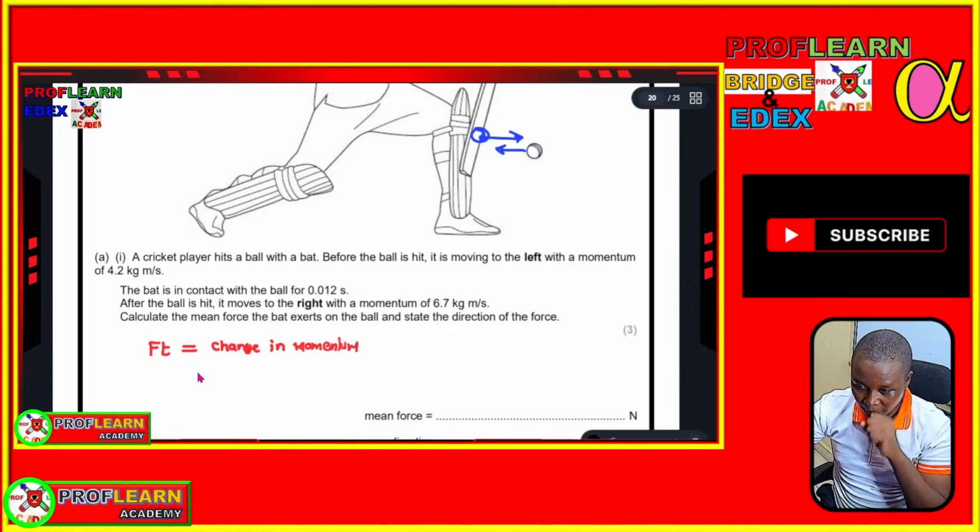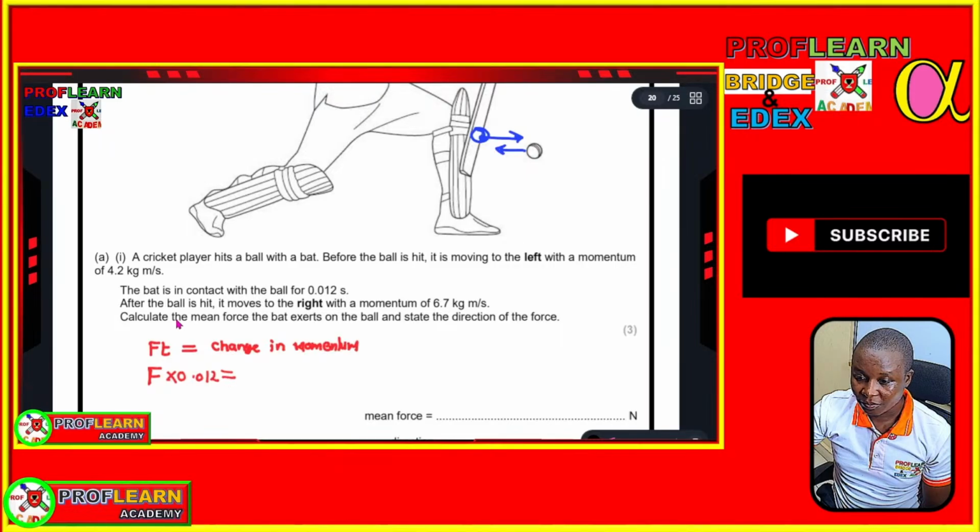Our change in momentum in this case is going to be 6.7 minus negative 4.2.